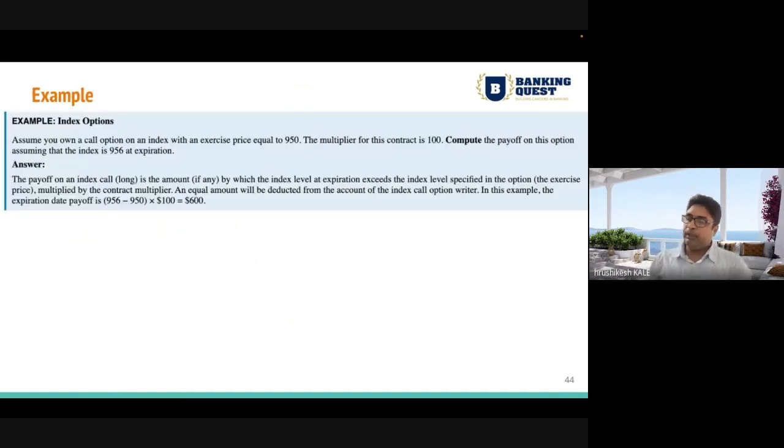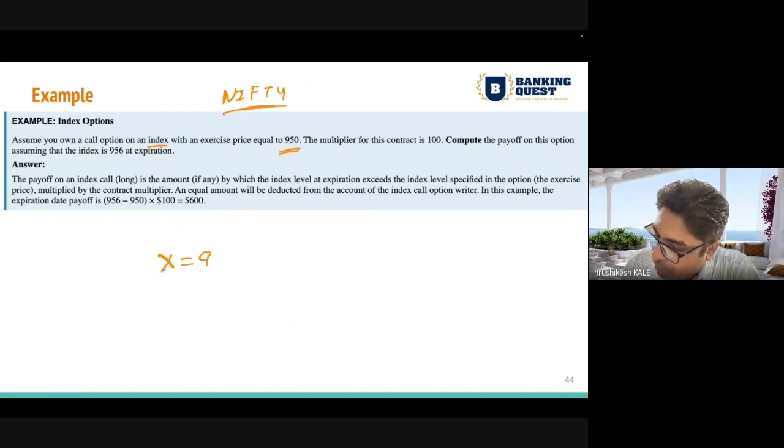Okay. Let's see this example. Assume that you own a call option on the index, that is Nifty for India, with exercise price equal to 950. So X is given as 950. The multiplier of this contract is 100. Lot size is given as 100. Compute the payoff of this option assuming that the index is at 956 at expiry. ST is given as 956.